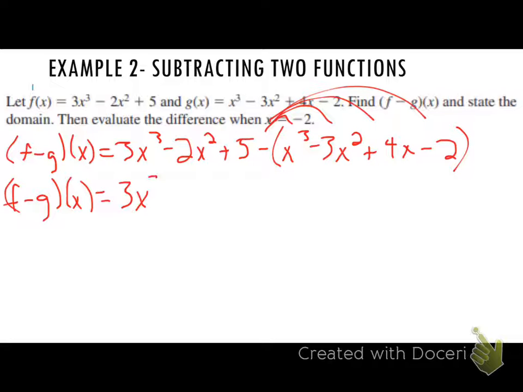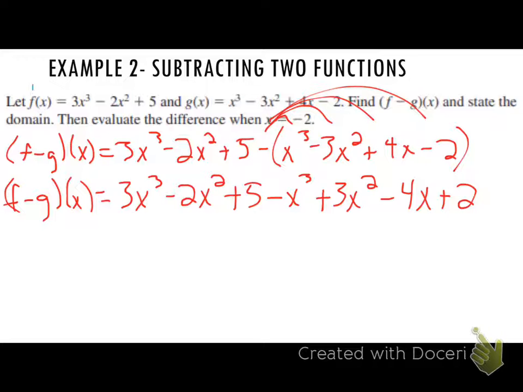So I still have 3x cubed minus 2x squared plus 5. I just changed all my signs, so minus x cubed plus 3x squared minus 4x plus 2. Everyone good with that step? What can I do from there? Start combining my like terms. Three x cubed minus x cubed gives me 2x cubed.